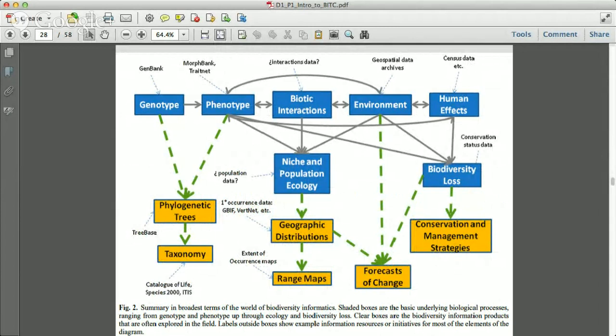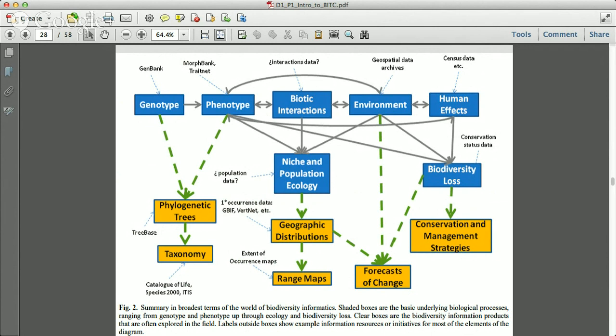The blue squares are fields of inquiry. And so you can see information about genotype, about phenotype, about interactions amongst species, about interactions between organisms and their environment, and organisms and humans.